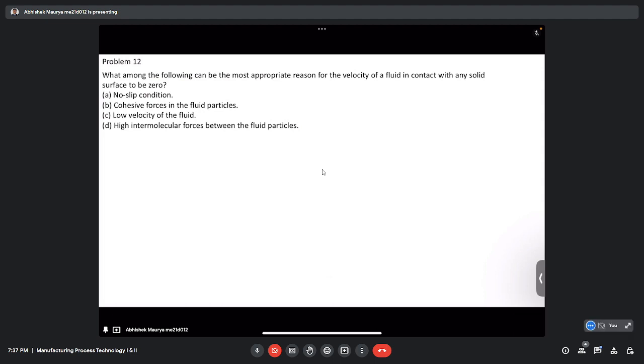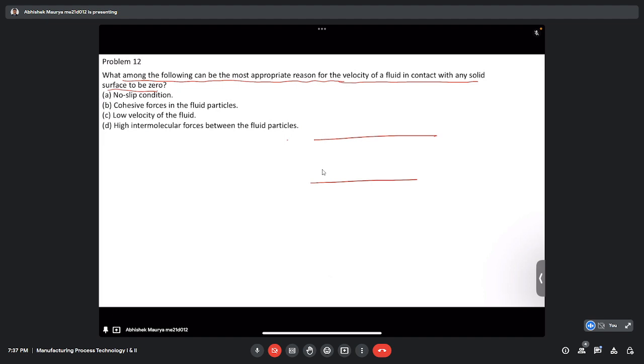So, what has been asked in the question? What among the following can be the most appropriate reason for the velocity of fluid in contact with any solid surface to be zero? Okay, so we'll take a simple example. Suppose we have a fluid which is running inside a pipe.